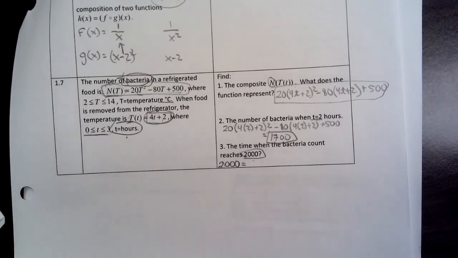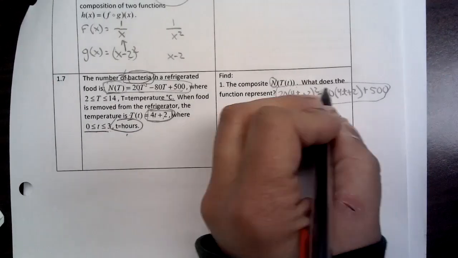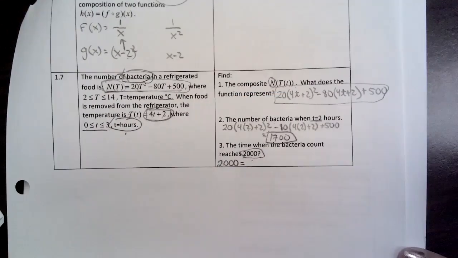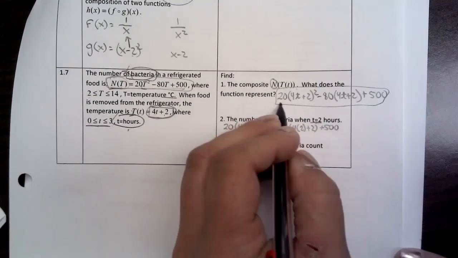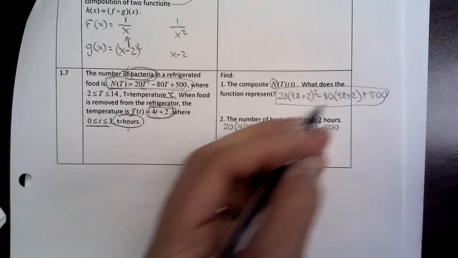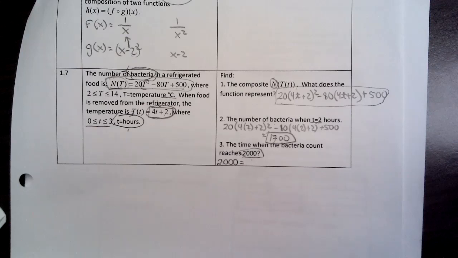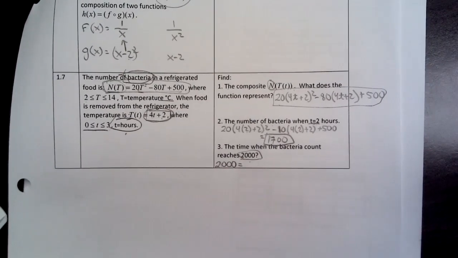So the first thing I'm going to do is simplify this just to make life a little easier. I could always use my calculator too, but I'm just going to go ahead and simplify this by working the problem out.